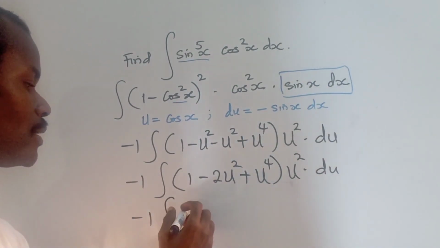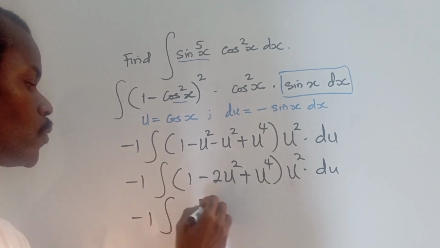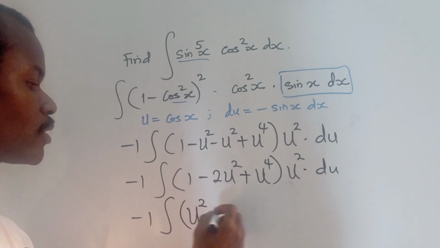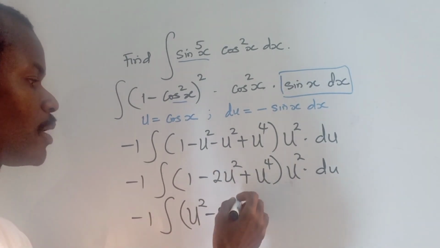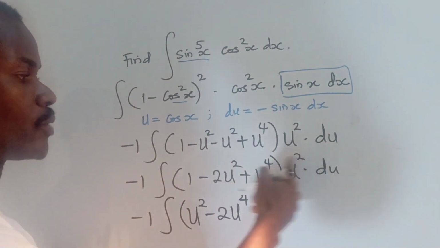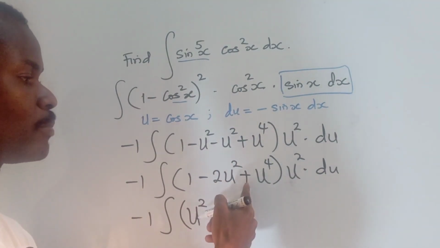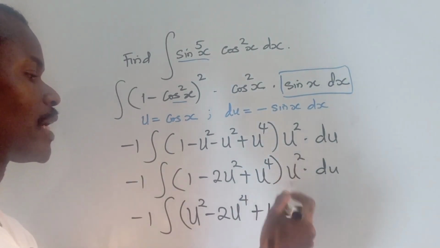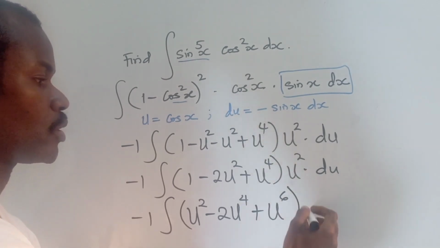So this time we have u squared. Now this multiplied by this is going to give us minus 2u to the power of 4, so we are going to add the powers. Now plus this multiplied by this is going to give us plus u to the power of 6, we are going to add the powers. So du.